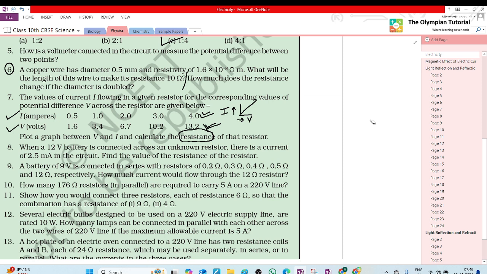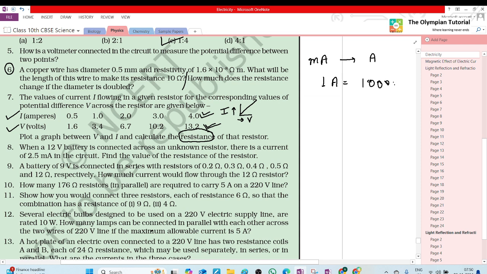In SI unit, you have to convert milliampere to ampere. And how can you convert? Ma'am, 1 ampere is equal to 1000 milliampere. Very good.